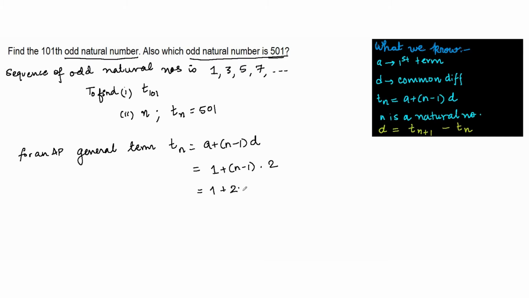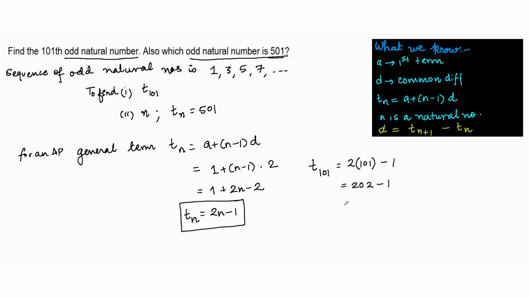That is 1 plus 2n minus 2, which is equal to 2n minus 1. So the nth term is therefore given by 2n minus 1. And now I have to find the 101st term. So T101 is going to be 2 times 101 minus 1. And that's going to be 202 minus 1, which is equal to 201.